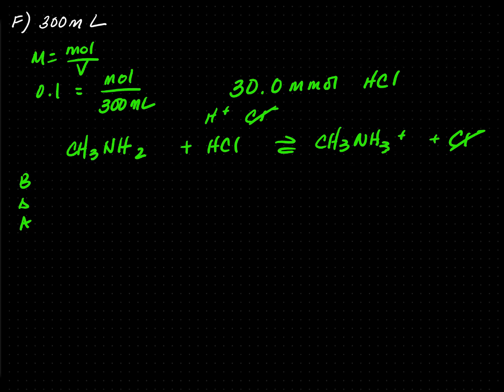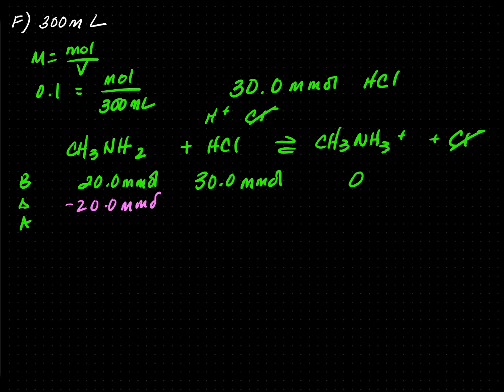Before, change, and after. My before amount of the weak base is still the same. It is 20 millimoles. My acid is recalculated as 30.0 millimoles. My conjugate acid is 0. So my limit here is my weak base.